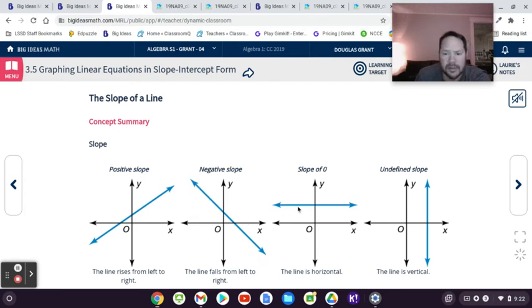Slope of 0 is like y equals 0x plus or minus a number. It's a straight horizontal line. And then this is an undefined slope. This one, we can't have a y equals mx plus b equation for. This is just x equals something. So this is an undefined slope, and we'll see why it's undefined soon. Like, that's foreshadowing. Okay, more to add to your notes.